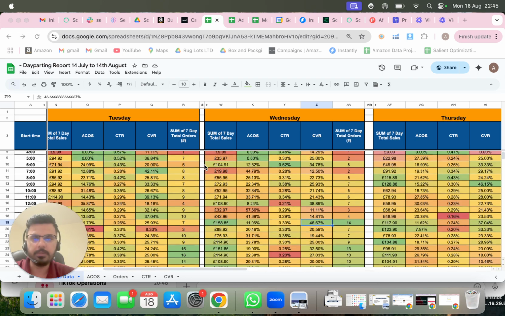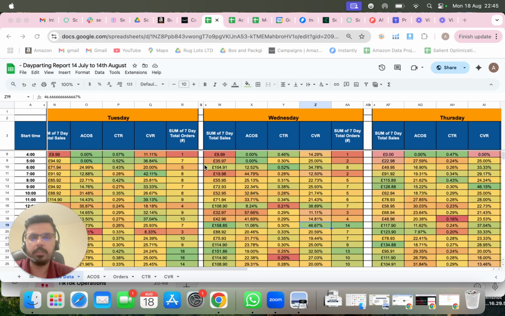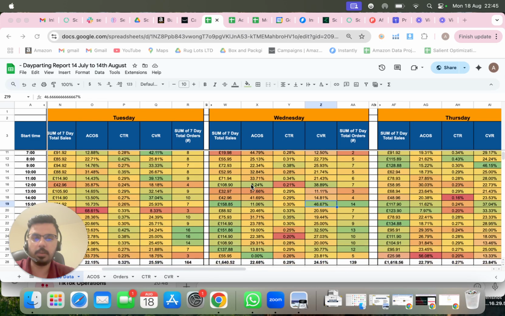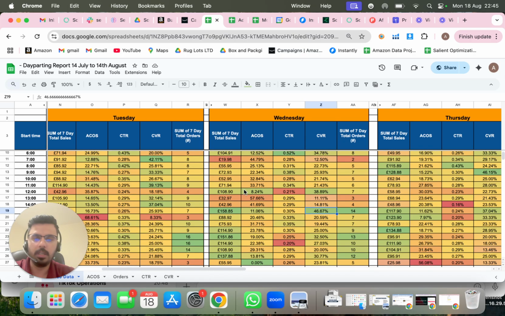The only problem with this one is it's got 8 weeks of data, so we are collecting the data on a weekly basis and adding it to this sheet. After 12 months we'll have 12 months of data, and that is going to be a gold mine, because that data will tell us exactly where we need to put the money at the time of highest conversion rate. For example, this one is in patches at the moment because it's just 8 weeks of data.